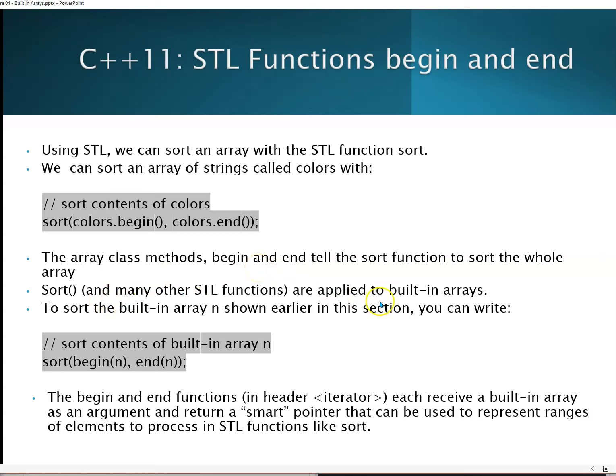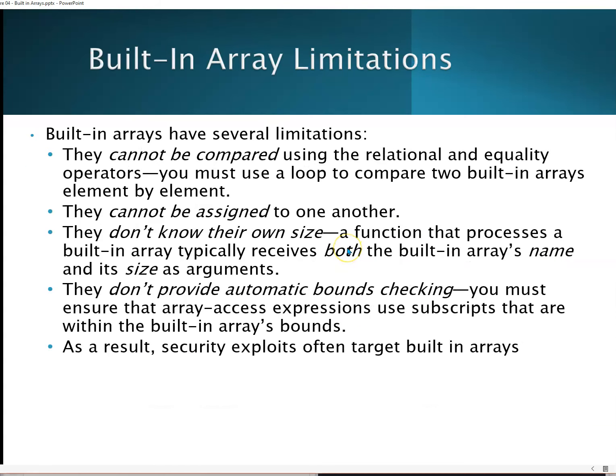Sort can be applied to built-in arrays as well as to STL containers. To sort them using built-in arrays, instead of calling begin on the array, we have to do it the other way. We call begin(array) and end(array). The begin and end functions each receive a built-in array as an argument and return a smart pointer that can be used to represent ranges. But we'll get back to more.